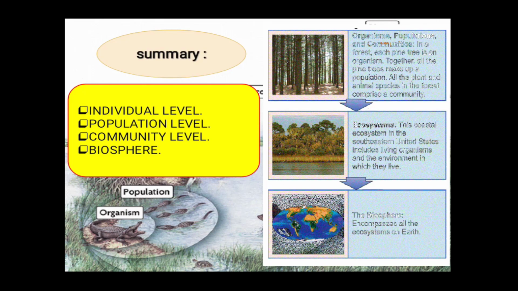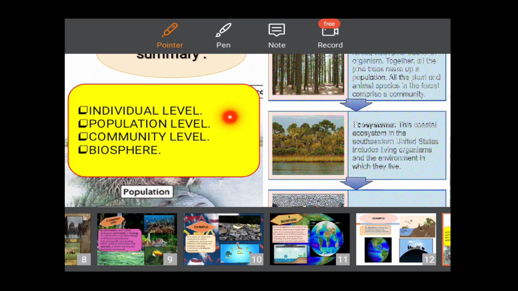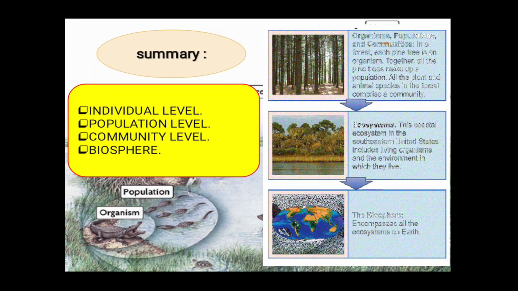Now, a summary of our two-day lecture. In our two-day lecture, we discussed the individual level, population level, community level, and biosphere. In the individual level, cells, tissues, and organ systems work together and perform functions for an individual.